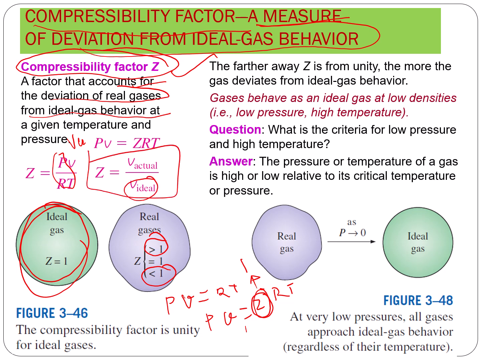This is another way of defining the compressibility factor. As I just said, if Z is far away from unity, then it becomes evident that the properties are far away from ideal gas behavior.